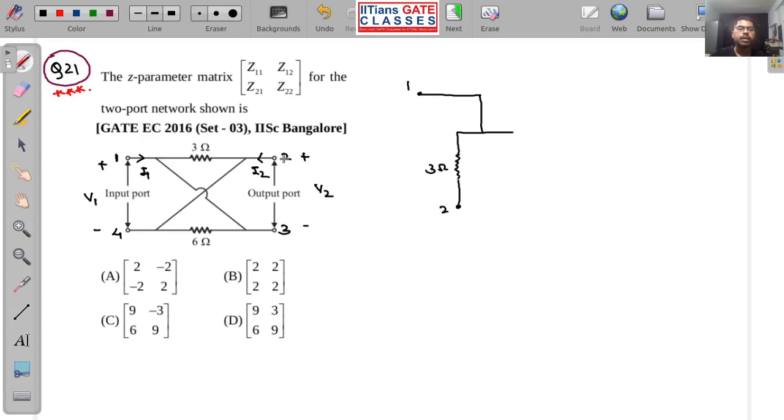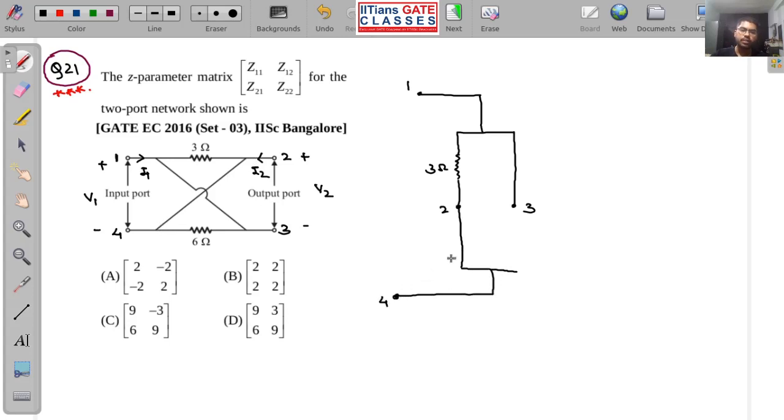In between 1 and 3, I have a short. So this is 1 and this point is 3. In between 2 and 4, I have a short, so let me assume this point as 4.